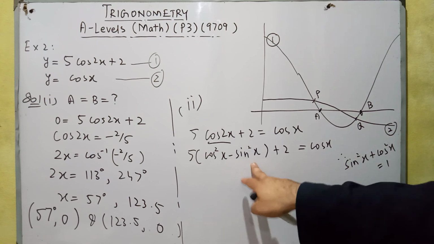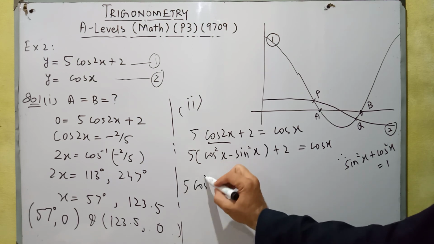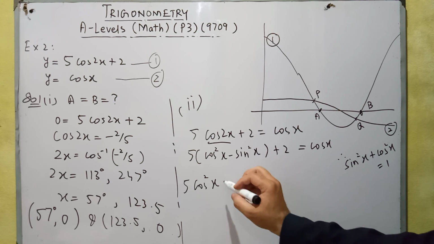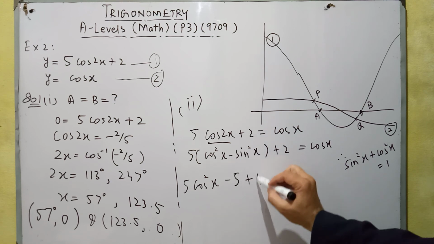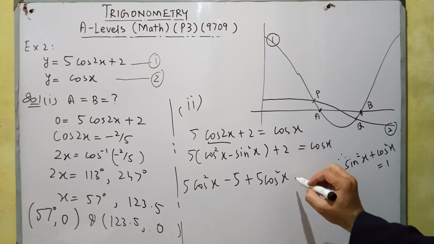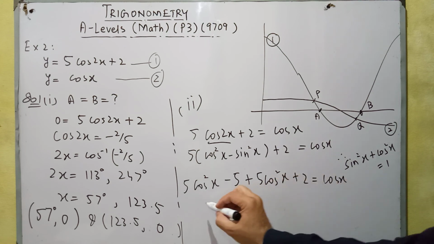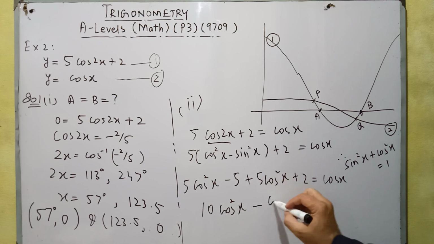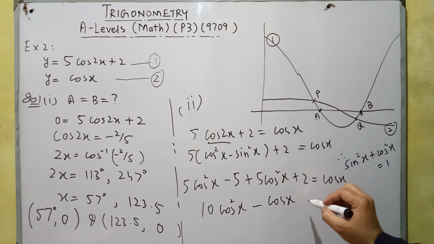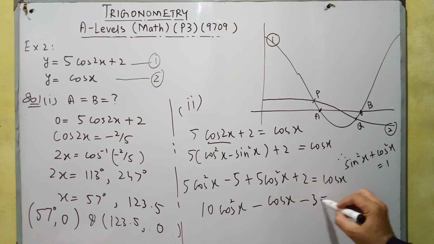So this will become 5 cos square x minus 5 plus 5 cos square x plus 2 is equal to cos x. So finally we will have 5 plus 5, 10 cos square x minus cos x, and minus 5 plus 2, that will be equal to minus 3.